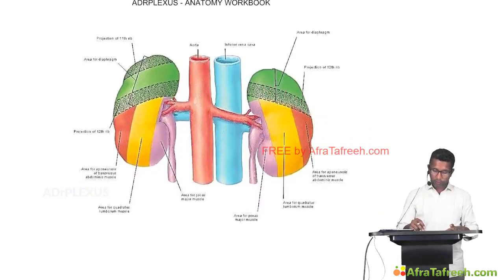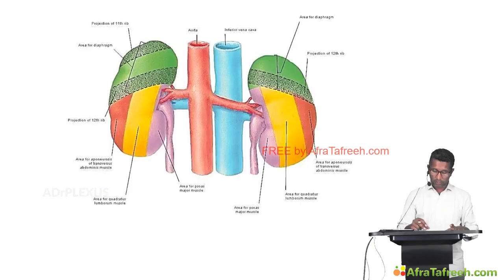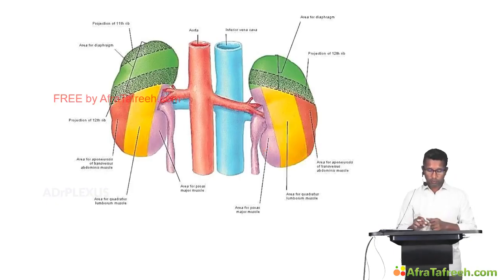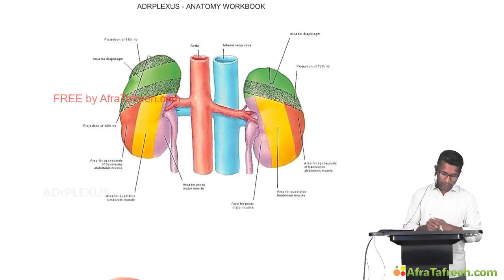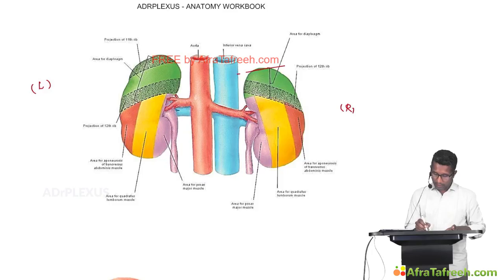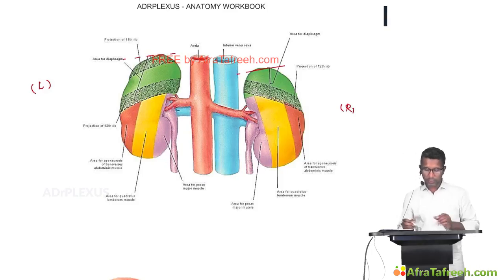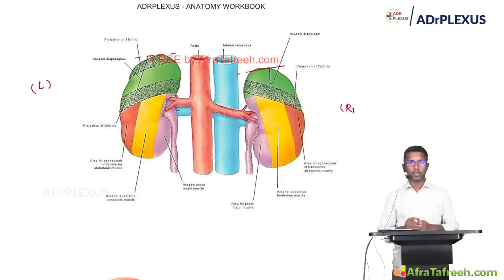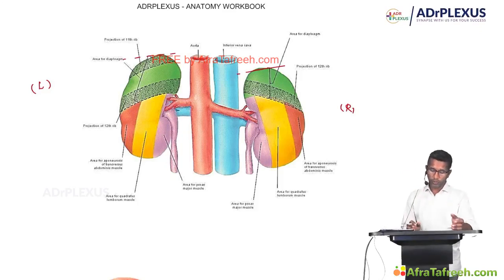So this is a very important area. If you see the posterior relationship of the kidney, this is the left side and this is the right side kidney. The right kidney is at a lower level compared to the left kidney, so they have turned the kidney and are showing you.